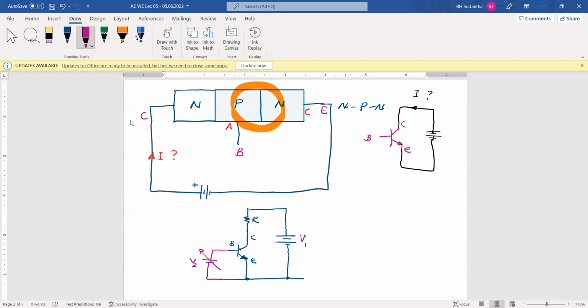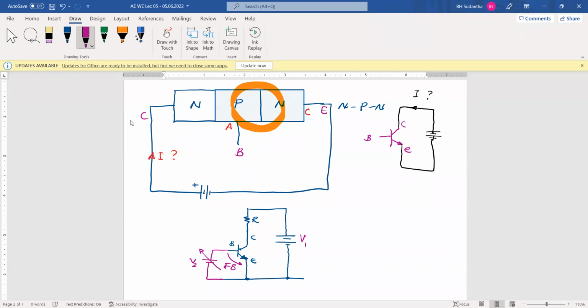This base to emitter junction, you can forward bias when you apply 0.7 volts or more from this V2 battery. Is it okay? If you apply it like this, the emitter-base junction will be forward biased.